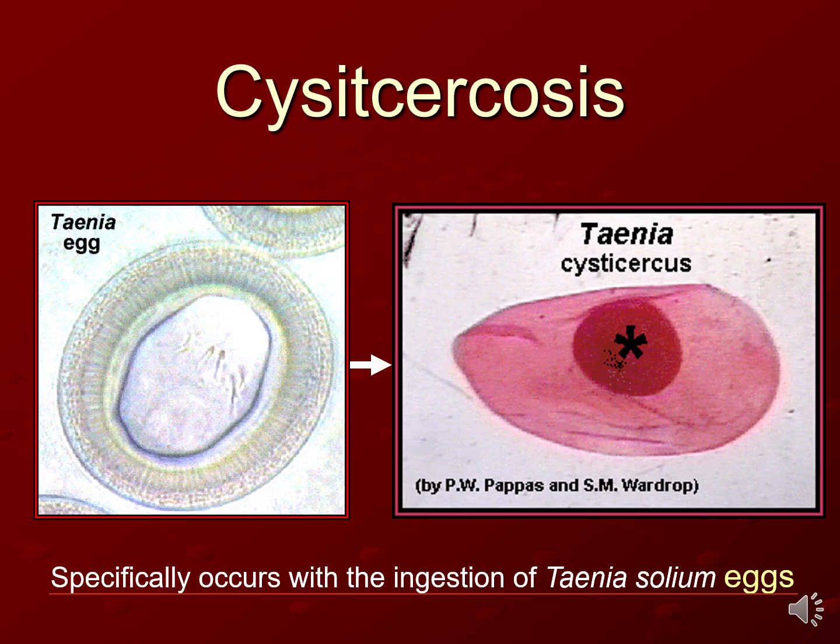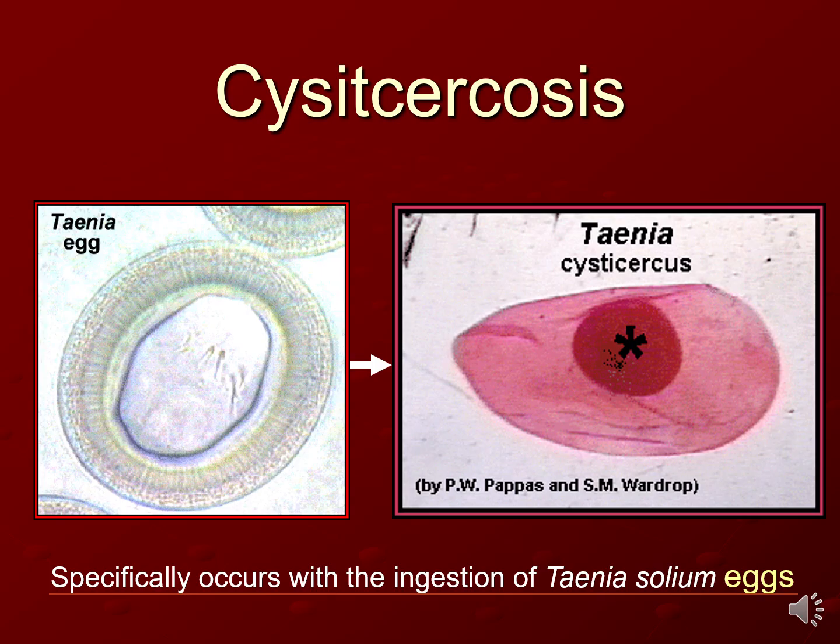The dark red spot here is the evaginated head, which evaginates to continue the infection. This is the Taenia egg and the Taenia cysticercus.